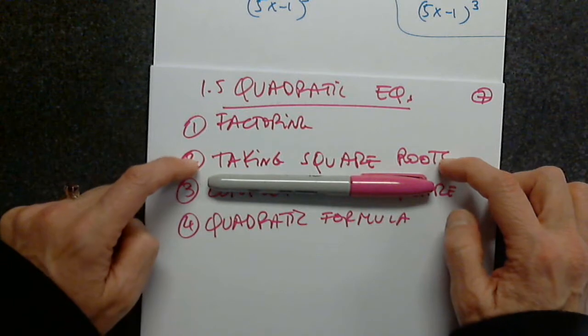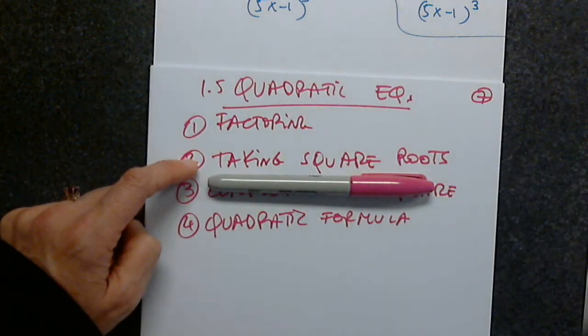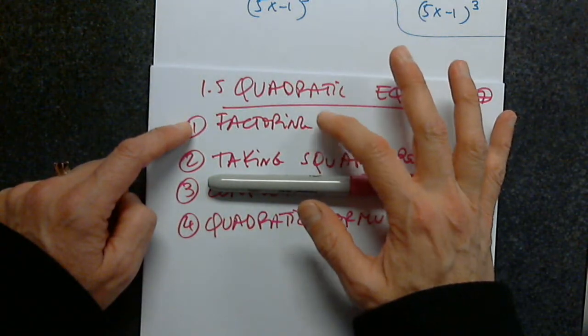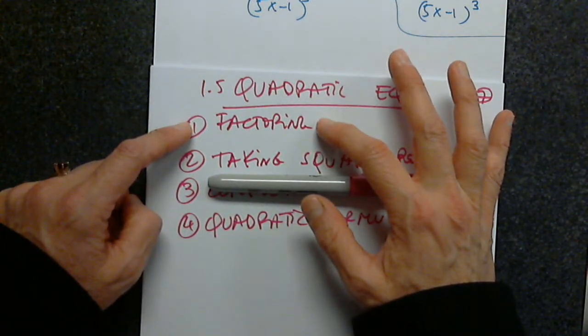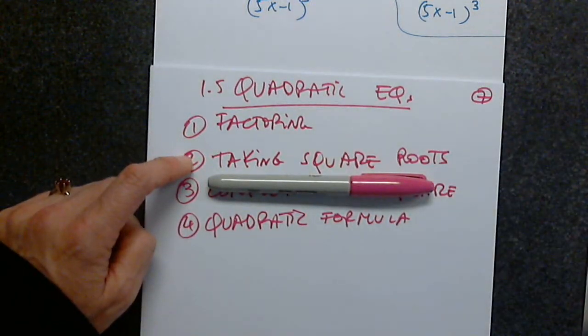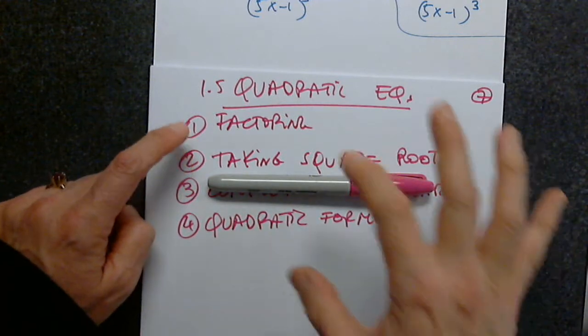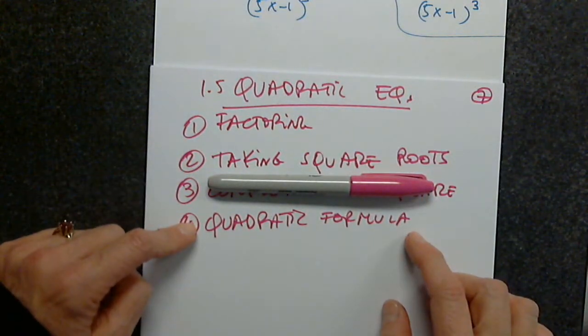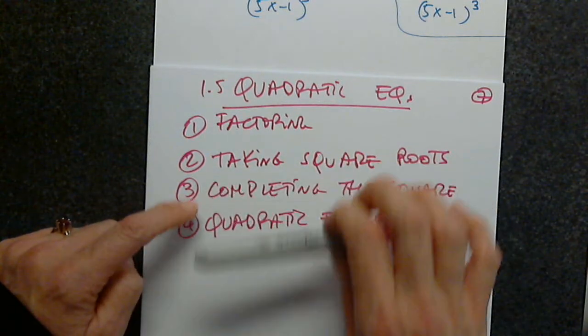I will use this if the setup is appropriate, and I'll show you in a minute. I will use this if it takes less than 30 seconds. If it takes more than 30 seconds, forget it. I will use this one always. So this one, in specific situations only. This one, if it takes 30 seconds or less. This one, always. This one, never.